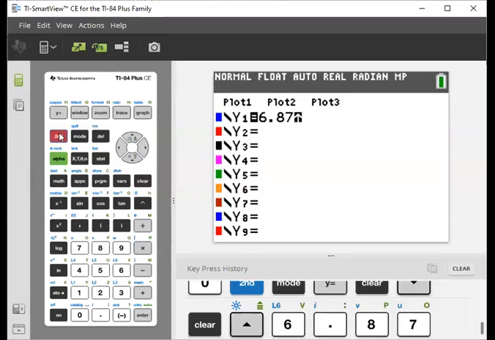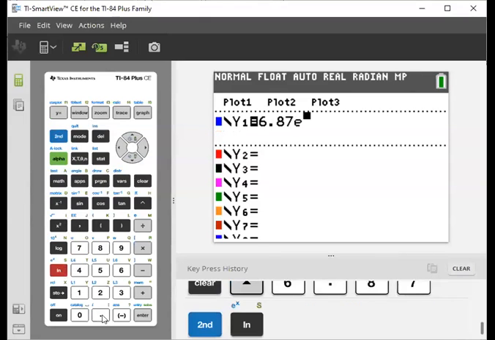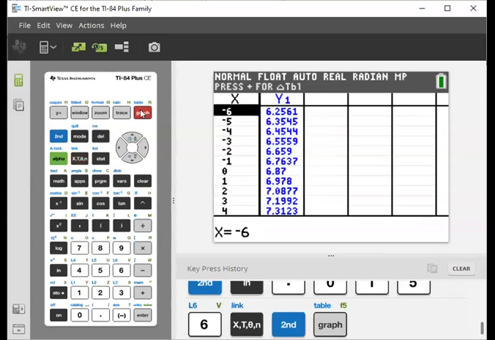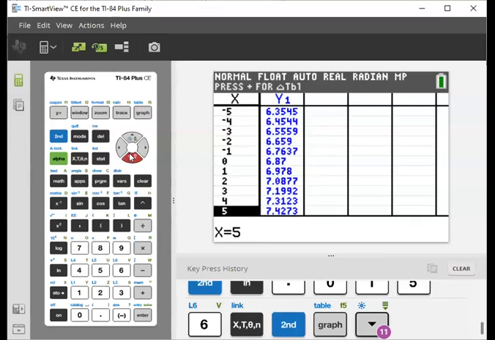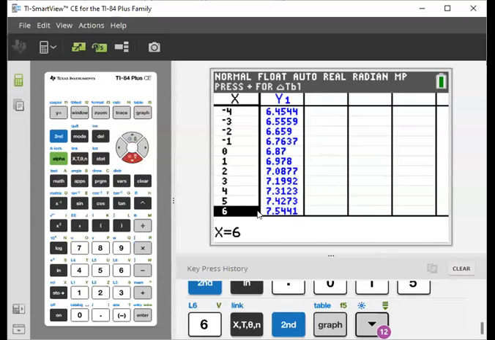Then it said E, so second ln raised to the 0.0156. And I've got to use X. I can't use T because we don't have T. And now I can go, oh, I want to know what happens after 6 years. I'm going to go look at my table. Okay, so I go to my table and I go, oh, 6 years, 7.5441, right? There's the answer.